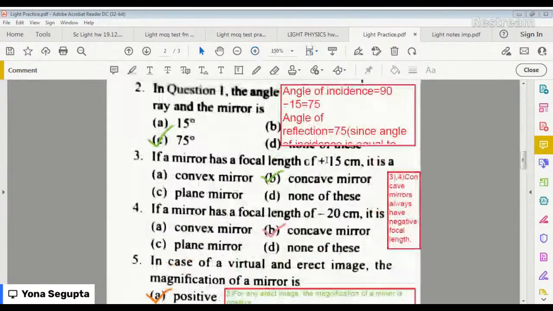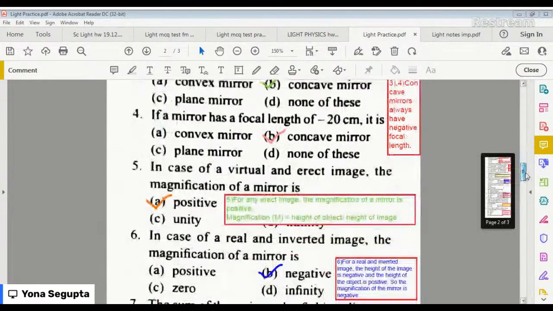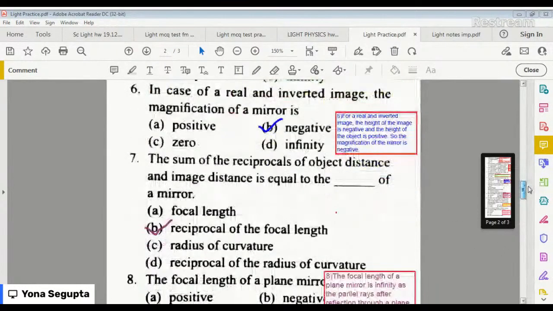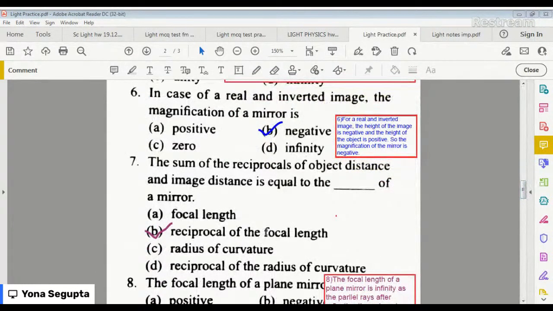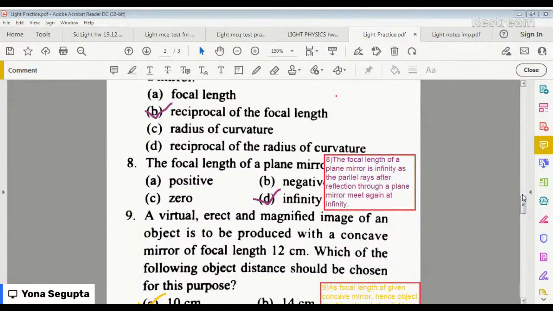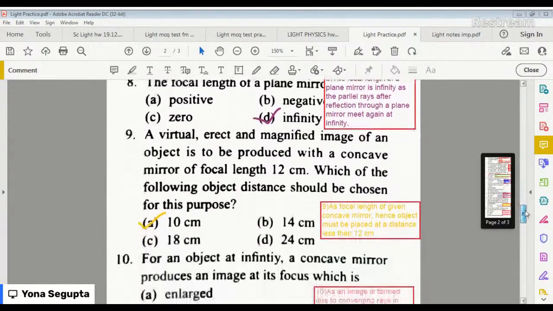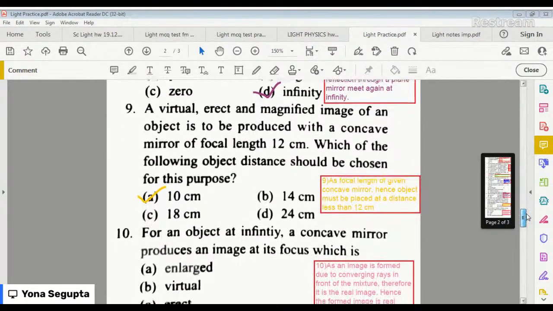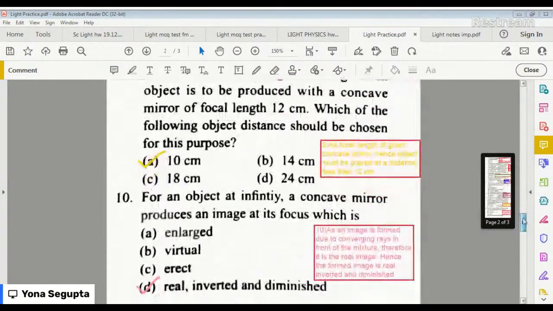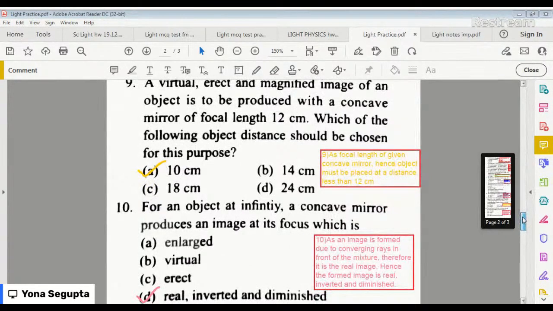Number four, same reason, so I wrote it together. Number five, this is the answer. Then this is number six, and then here comes seven, reciprocal. There is nothing to explain here. We all know there's a law. And number eight, this is the reason, which is the answer, infinity. Nine is 10 centimeter. And number 10, D, this is the answer.